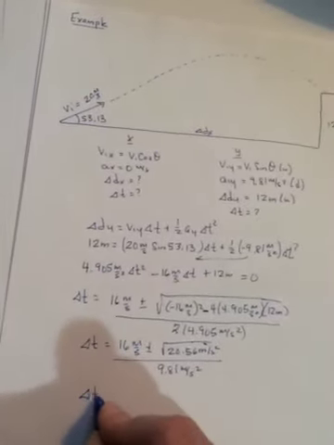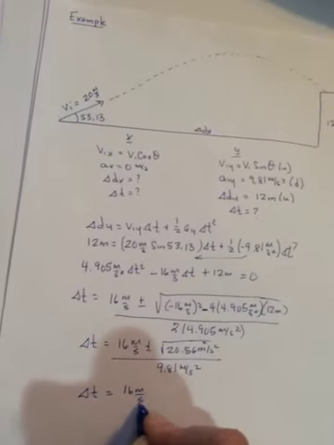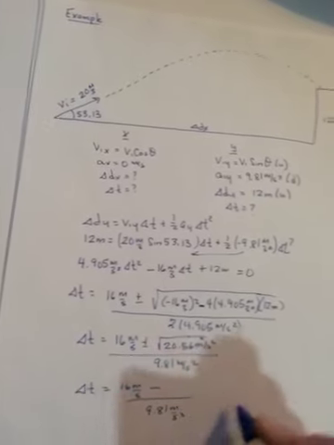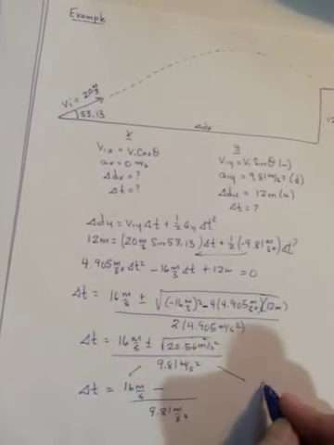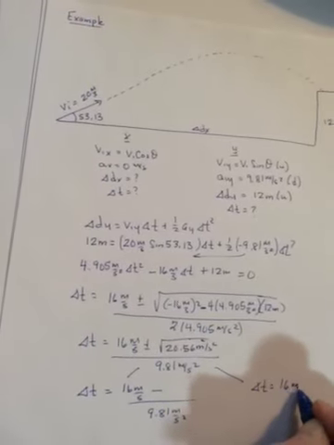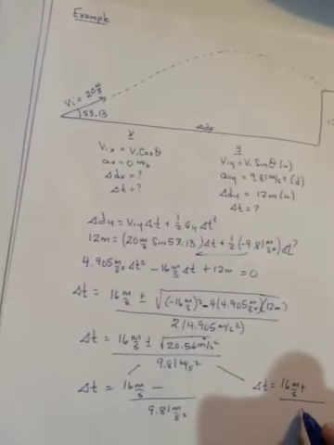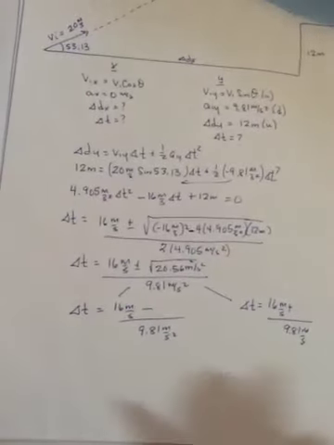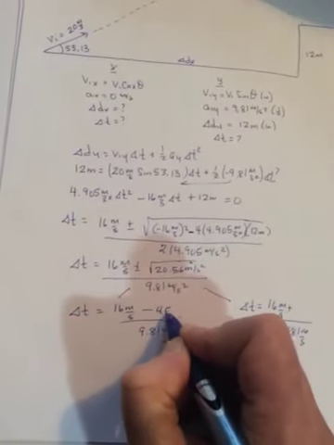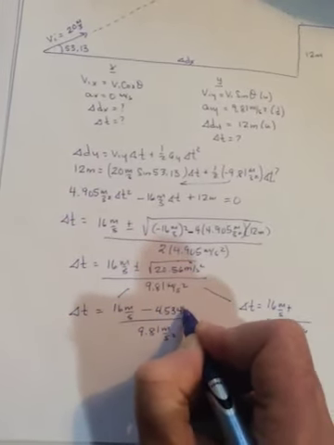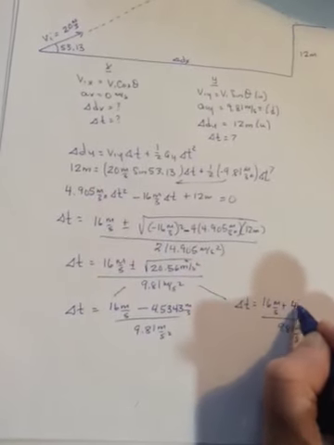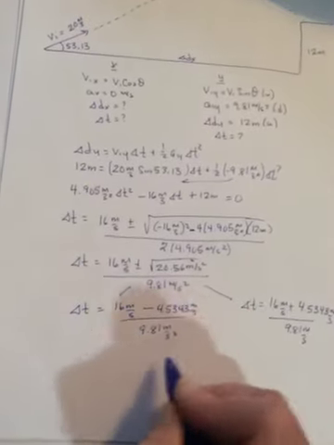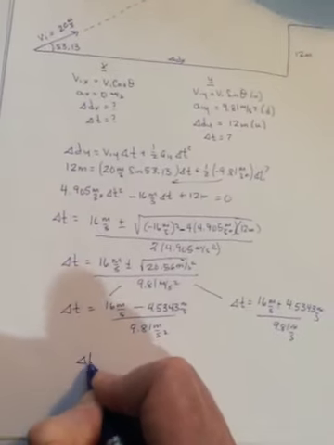And so when you take the square root, you're going to get two possible answers. 16 meters per second minus over 9.81 meters per second squared, or 16 meters per second plus over 9.81 meters per second squared. So take the square root, 4.5343 meters per second, and hopefully you notice right away you're going to have two positive times.